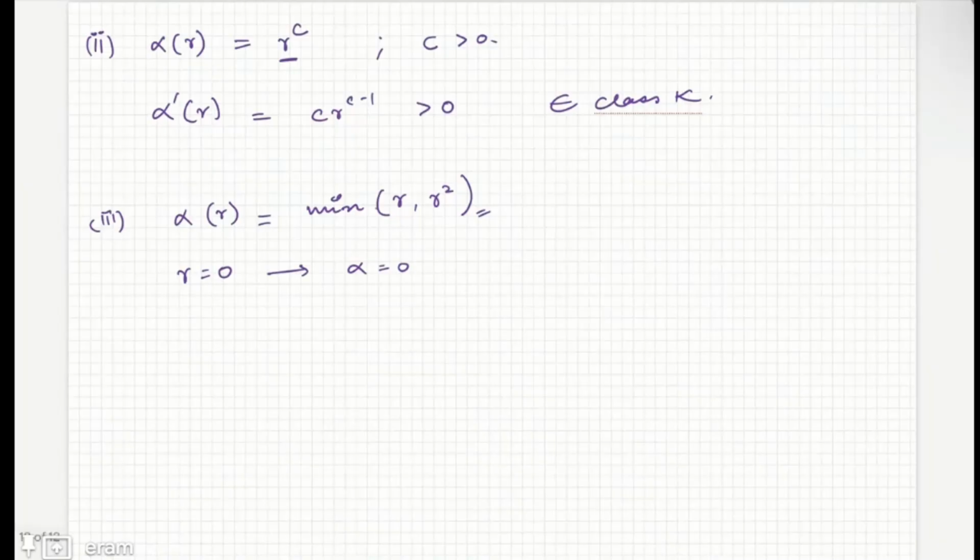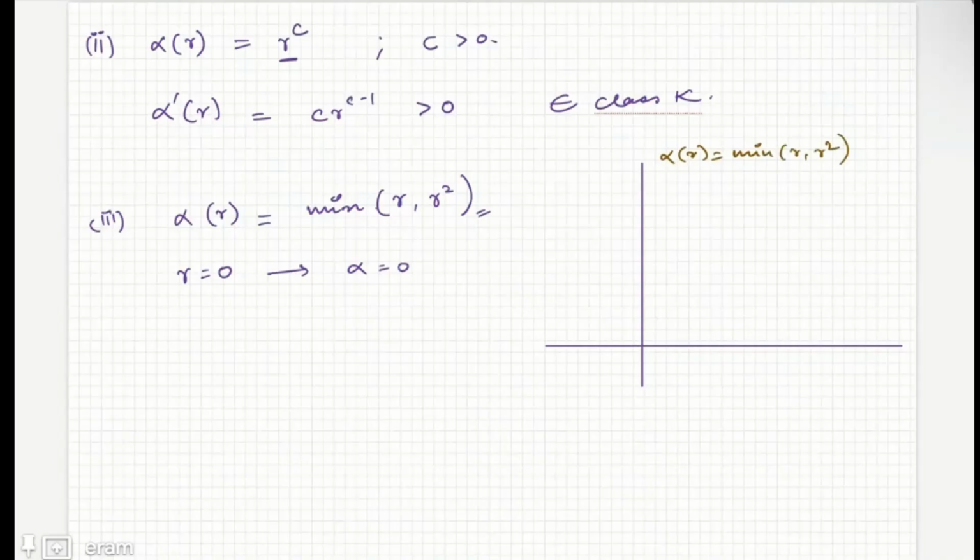But one thing we need to check is the plot of our function alpha r, which is the minimum of r and r square. Since we are interested only in the positive domain, from 0 to some a, the function r is this linear function, and then we have r square, which is a parabola.